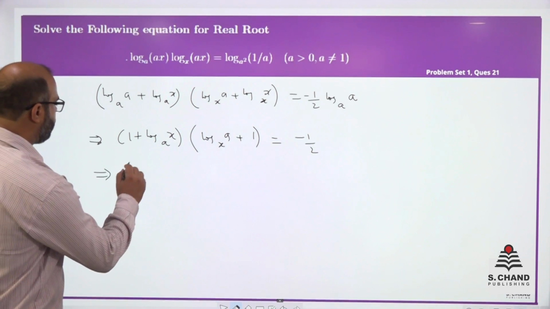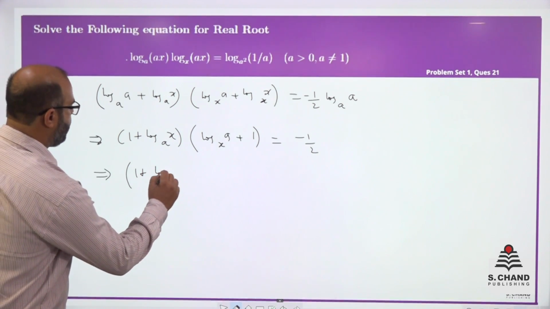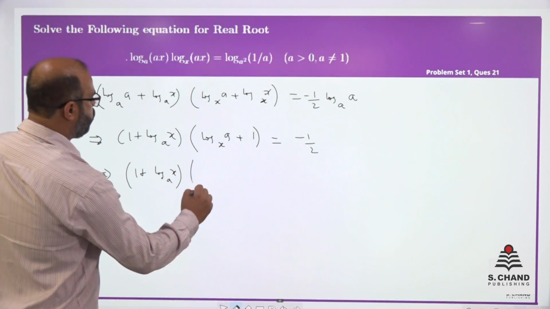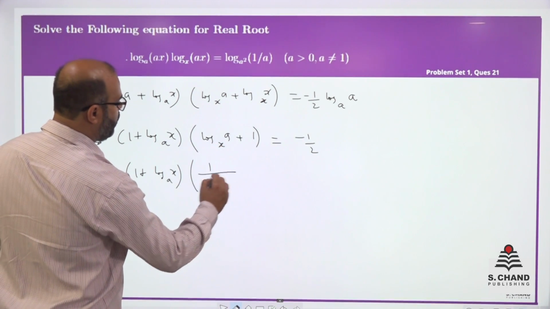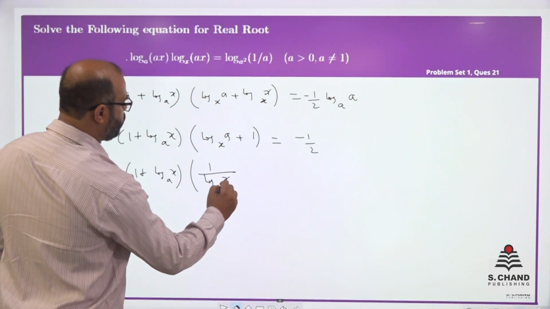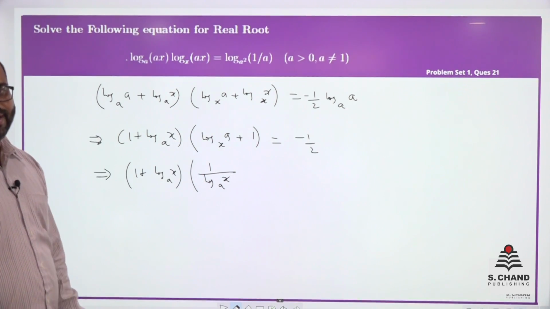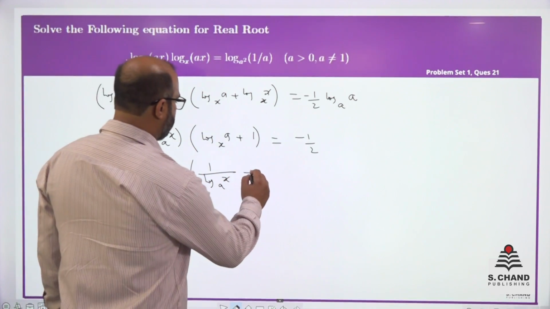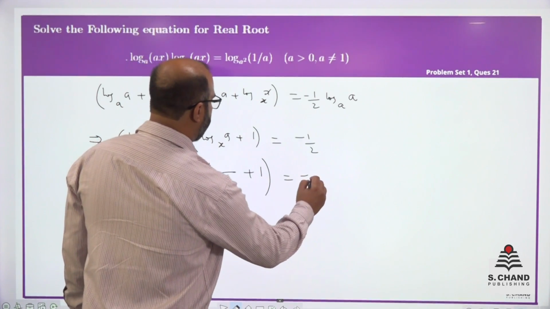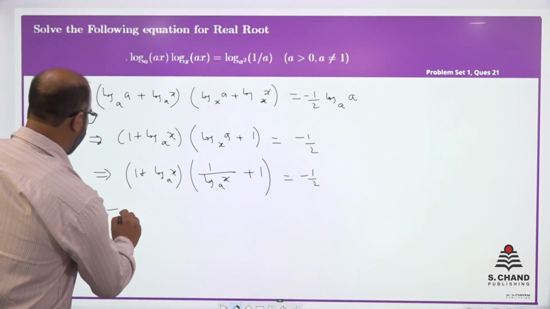In the next step, 1 plus log x to the base a into this, by the reciprocal formula, log x to the base a can come into the denominator, because in the numerator it is log a to the base x, plus 1 is equal to minus 1 by 2. Let us multiply them.